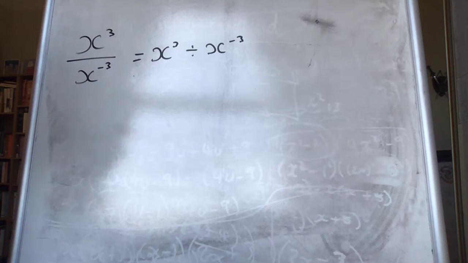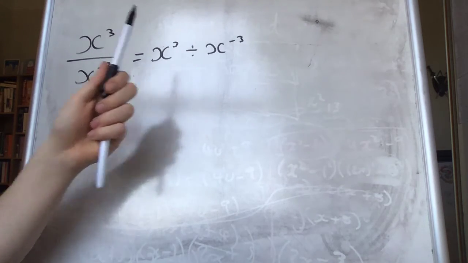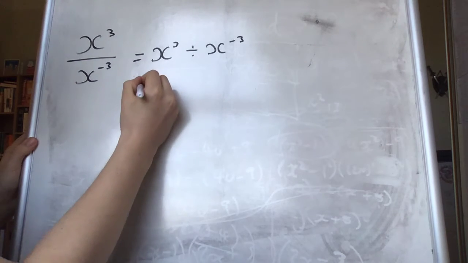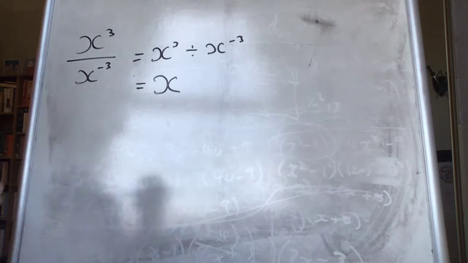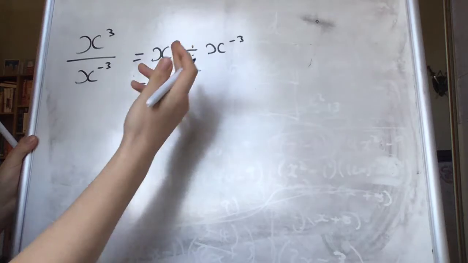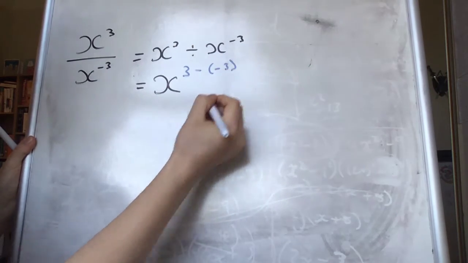And whenever we're dividing two numbers with the same base, x, we simply have to minus the two powers from each other. So this is the same as saying x to the power of 3, and then we've got minus, obviously the division means we've got to take it away from the negative 3.